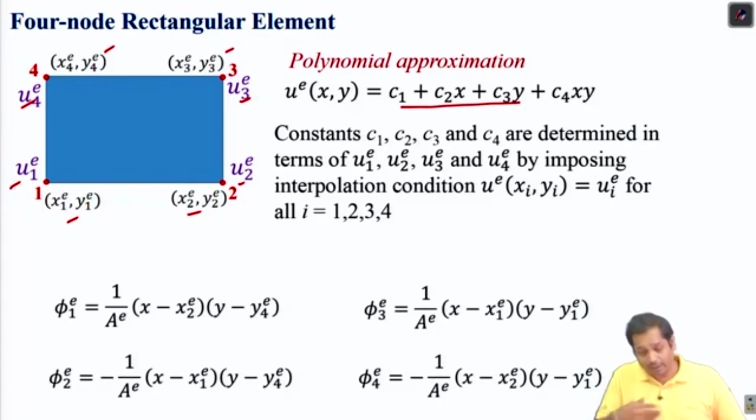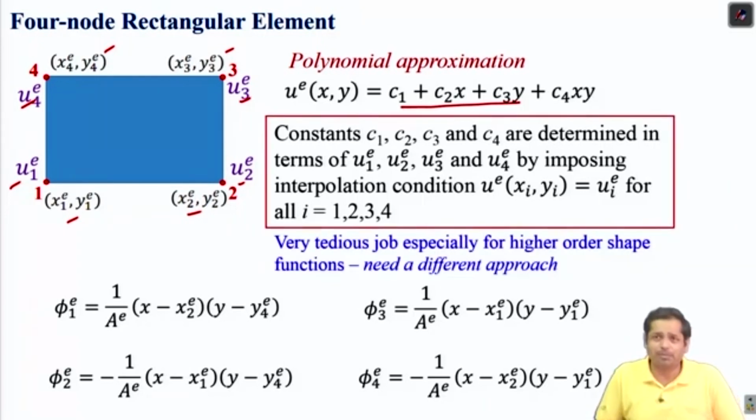We have skipped this exercise because it is going to be exactly the same. We have already done this exercise in the case of the triangular element. So this is the shape function for a rectangular element. But you see, this is a very, very tedious process. For rectangular elements it is fine, but when we construct shape functions for higher order elements, here we have to invert a 4x4 matrix.